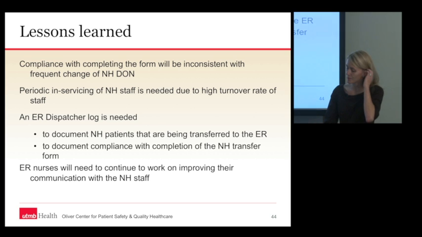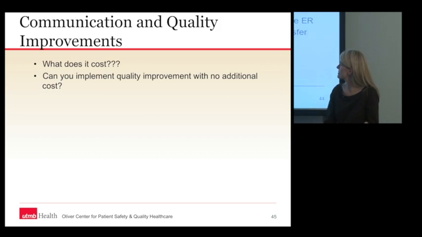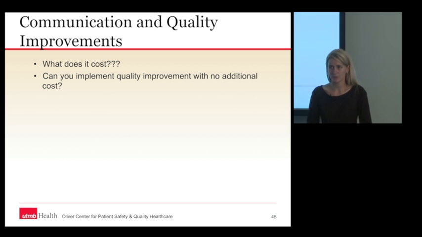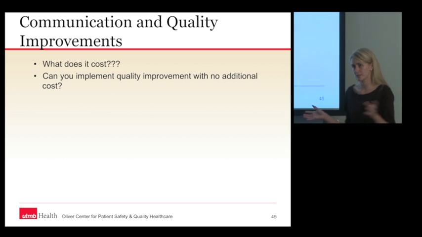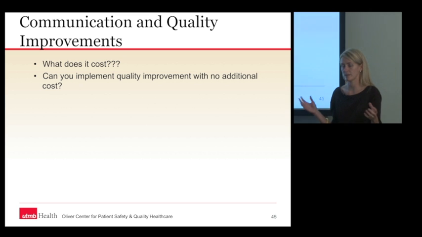So, like I said, some of these things definitely cost time. Identifying someone who is going to help with communication between a nursing home and a hospital situation or a clinic situation is not going to be simple. But again, if you start to ask why and you start to ask for feedback, you may be able to make some of the smaller changes right away without identifying extra time needed for extra staff.